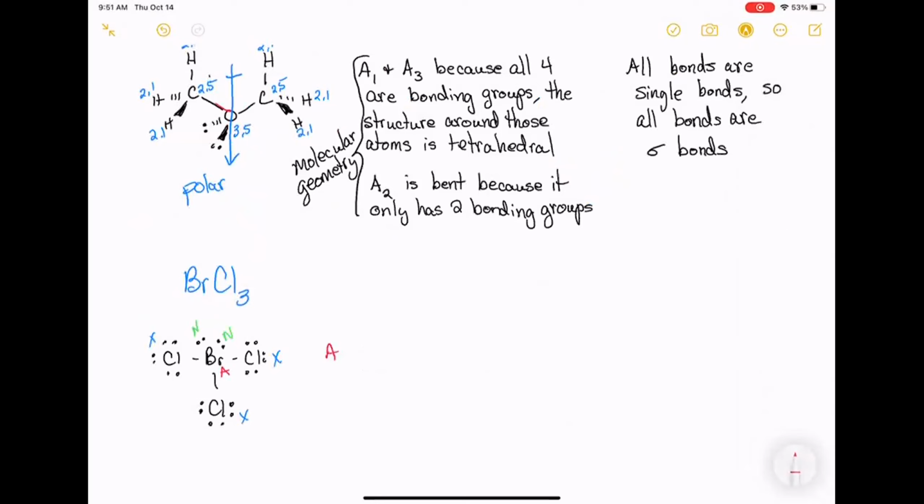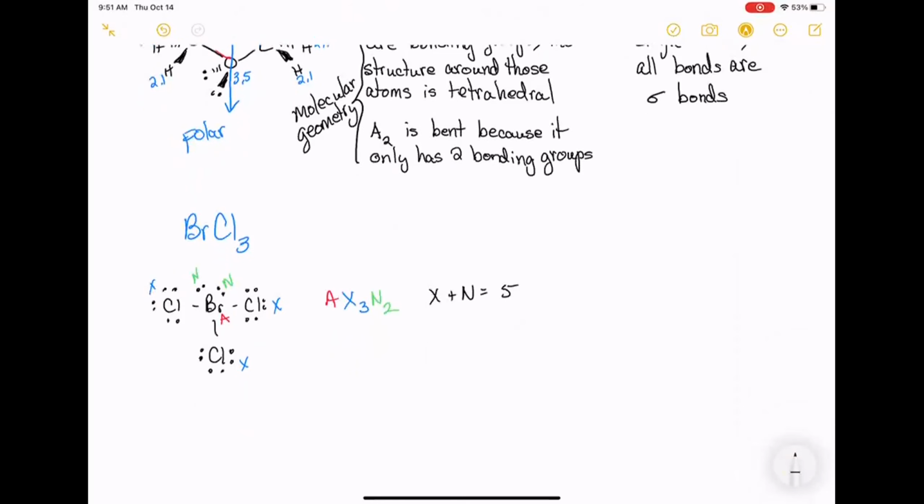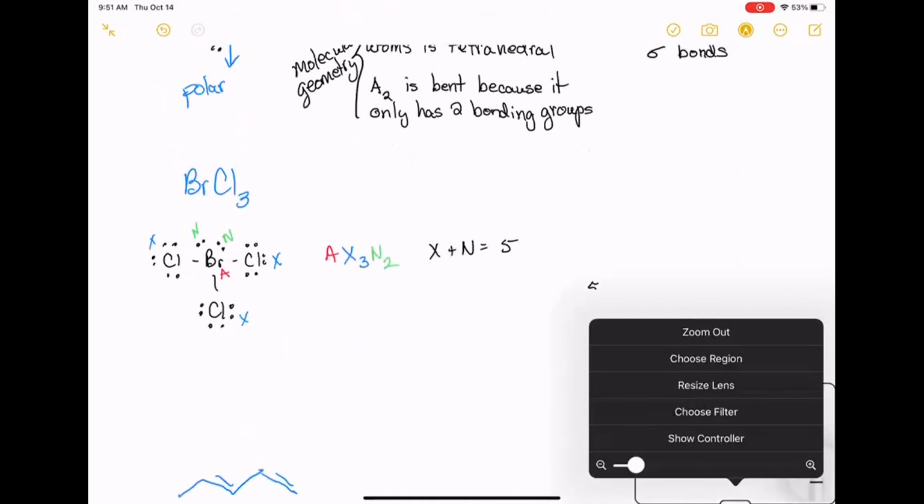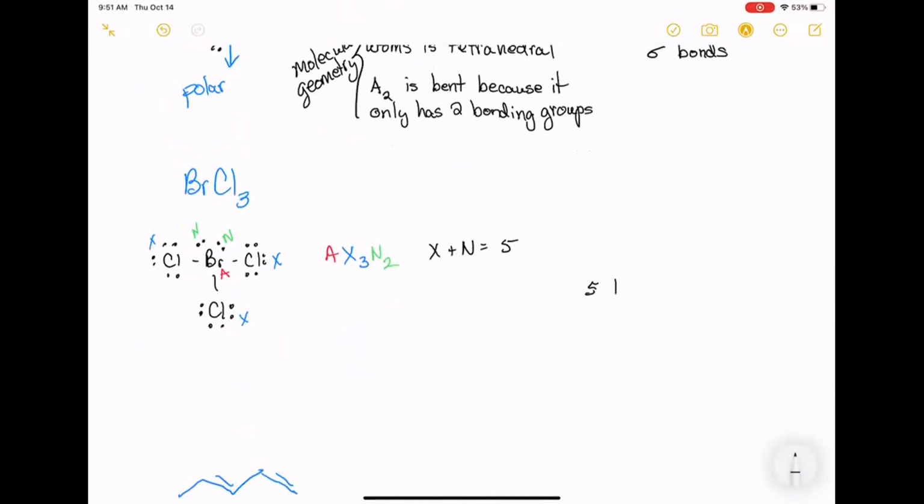So we're talking about AX3N2, where X plus N is equal to 5. Five things on the central atom.